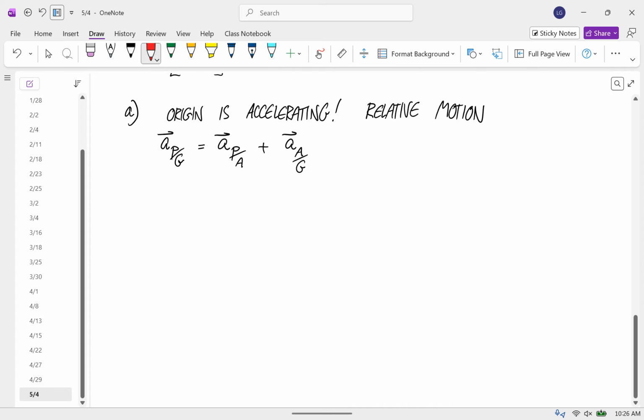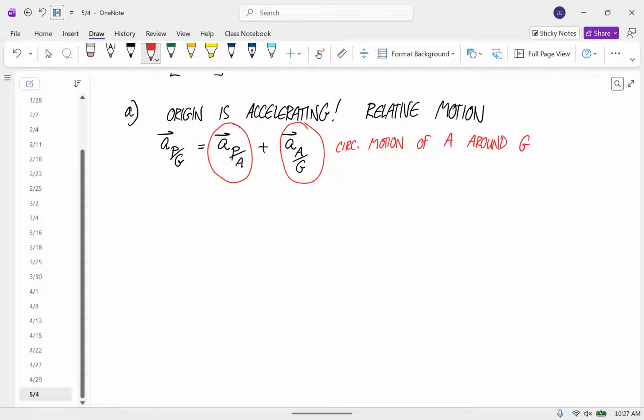So this one is circular motion of A around that point G. And this one, we're going to have to use the rotating coordinate system equation. Then we'll add those two pieces together at the end.